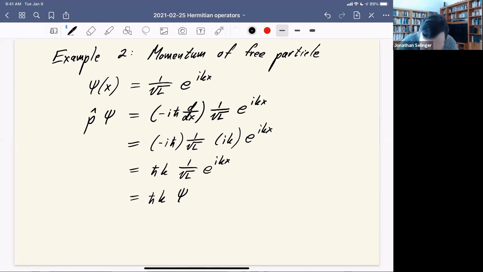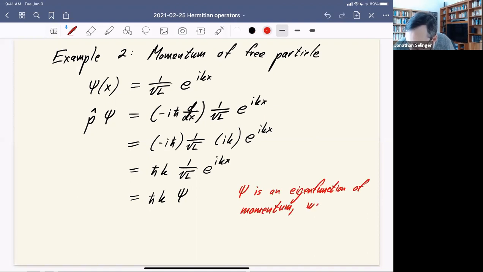So the words we would say are psi is an eigenfunction of momentum with eigenvalue h bar k.